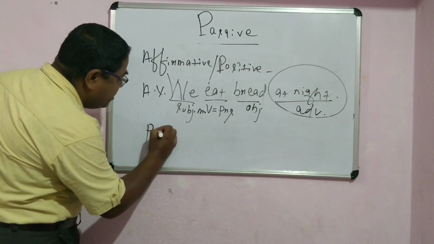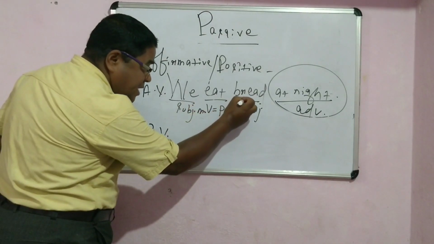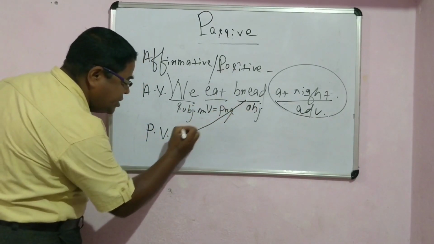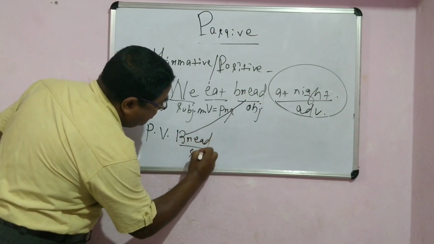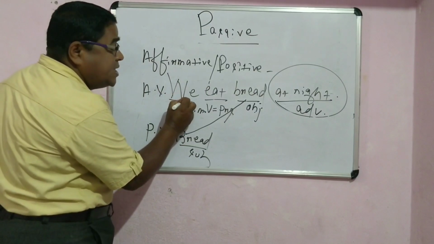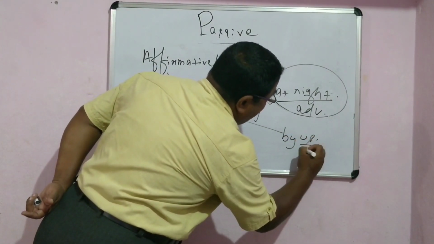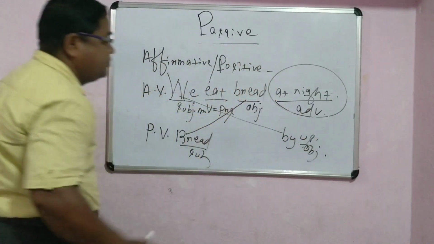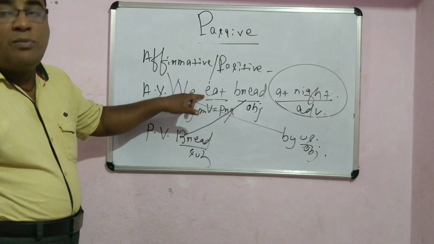Now, change this active into passive. Just like cross multiplication in mathematics, here bread is the object, now it is being changed into bread as the subject. Similarly, here the subject is we, it can be changed into by plus us. Here us is the object. The only thing we need to change is the present simple form.